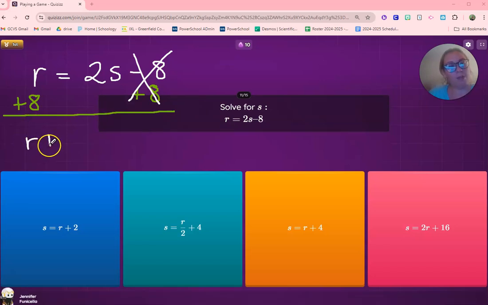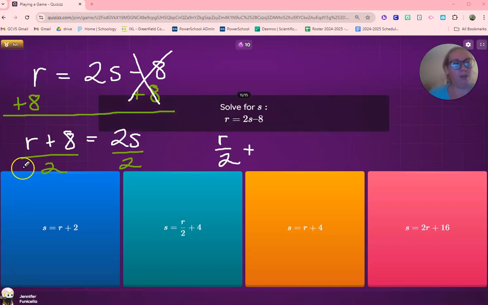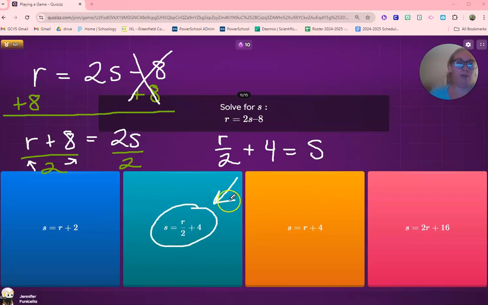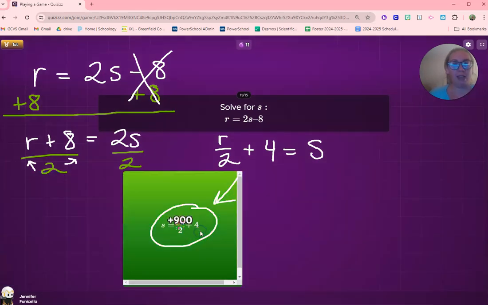So we had r plus 8 equals 2s. We're solving for s, so we want to get rid of that 2 in the front of s. So we're going to divide both sides by 2. So we have r divided by 2 plus 8 divided by 2 gets us 4, and that is equal to s. R divided by 2 plus 4. Beautiful. And go ahead and select that when you're ready.